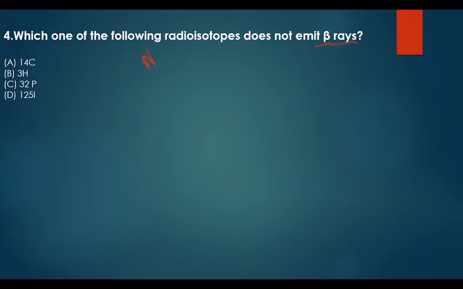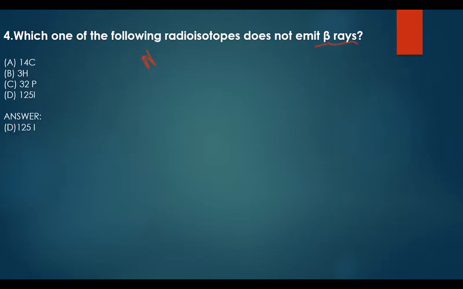Here the options are carbon-14, tritium, that is 3H, phosphorus-32, and iodine-125. The answer is iodine-125, which does not emit beta rays because it is stable for about 60 days. It is also used for therapeutic purposes. So the answer is 125I. The other three are unstable and emit beta rays.